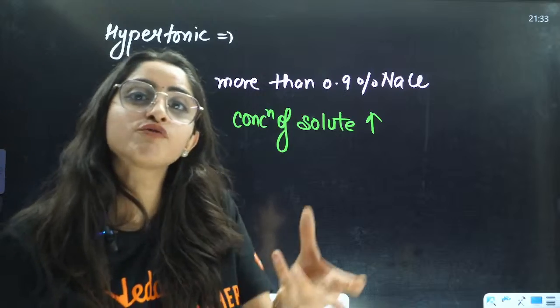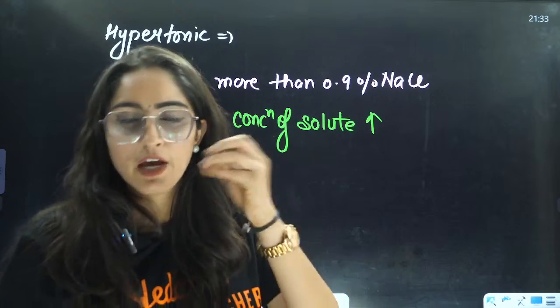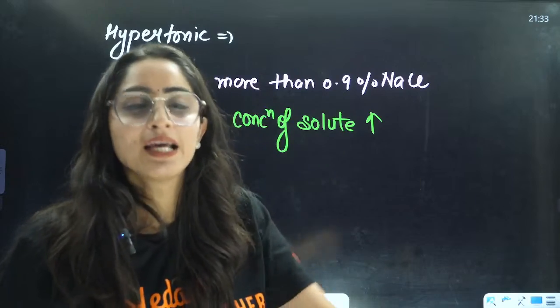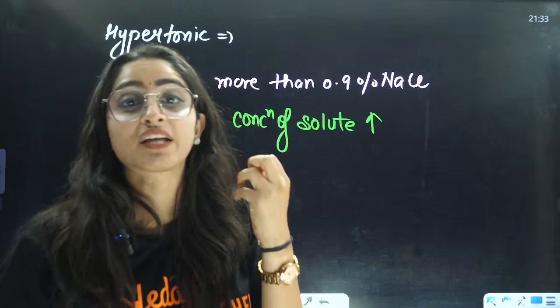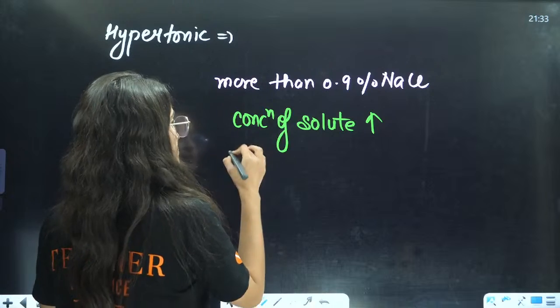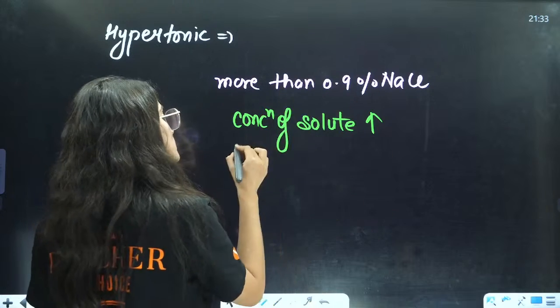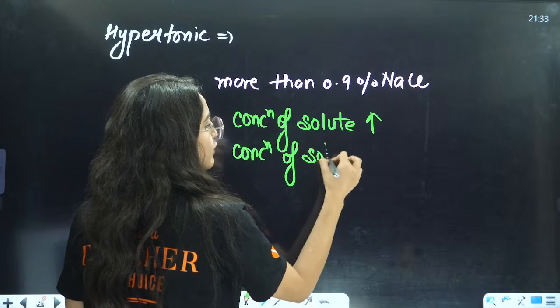Because what we actually check is the concentration of solute only. If solute has increased, that means solvent will decrease. They are opposite. Concentration of solvent will decrease.